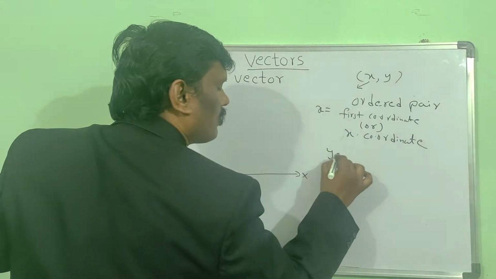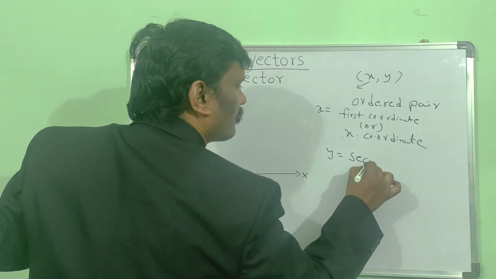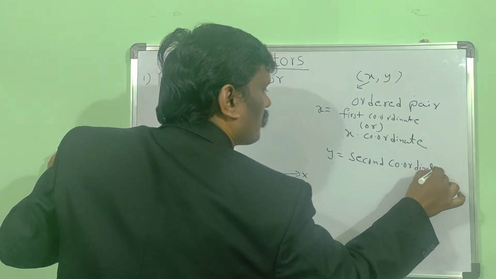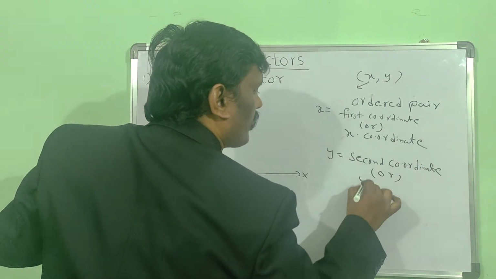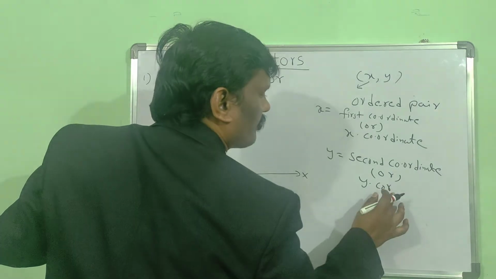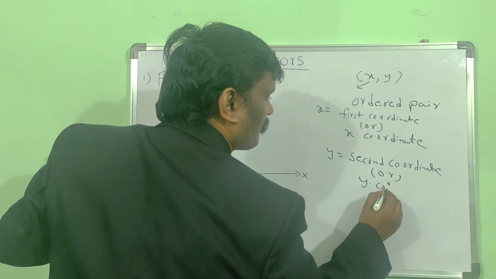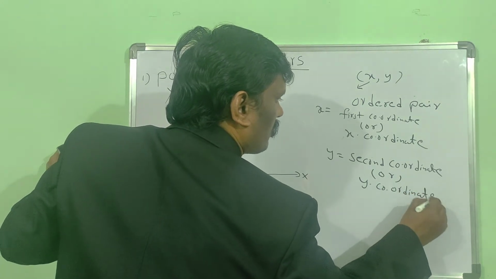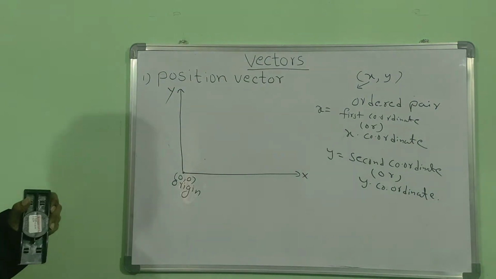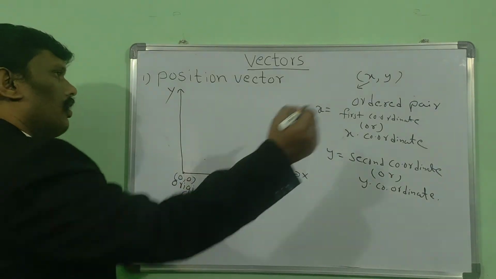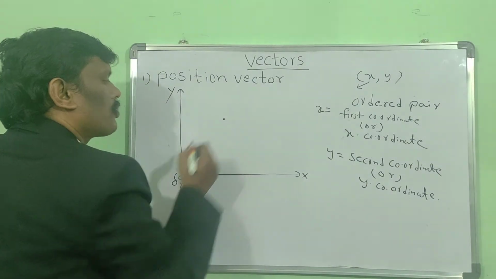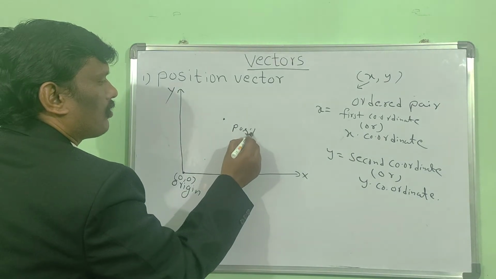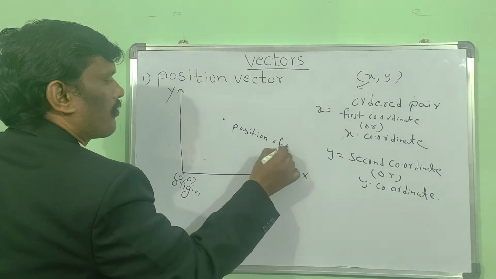Similarly, y is called the y coordinate, the second coordinate. What is the meaning of that? Let us see. Suppose I consider this to be the position of an object.